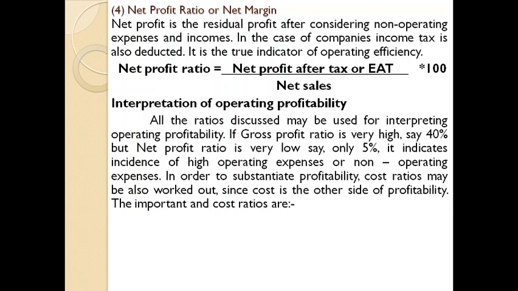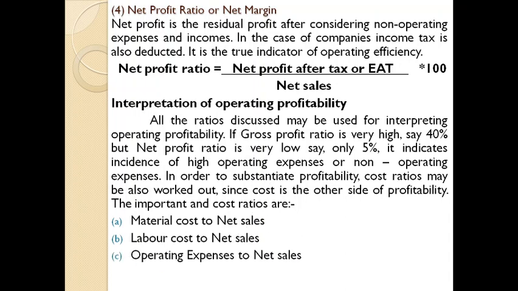Since cost is the other side of profitability, the important cost ratios that have to be considered for measuring the overall operational efficiency are material cost to net sales, labor cost to net sales, operating expenses to net sales, and finally non-operating expenses to net sales.